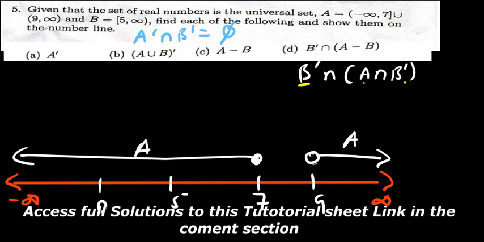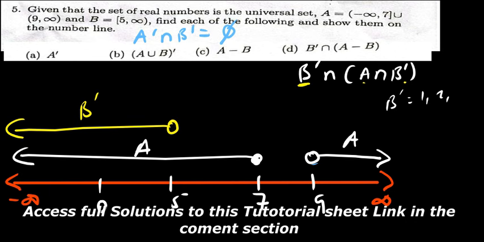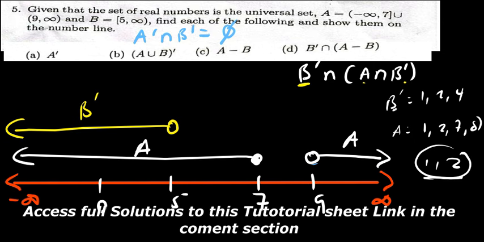B is 5 to positive infinity, but B complement will be this point not included there. Let me just show you something, just a bit. If I have got B complement as maybe 1, 2, 4, and let's say we have got A being equal to 1, 2, 7, maybe 8. So you realize that A intersection B complement is 1, 2. But again, I intersect this with B complement, it will still be 1, 2.